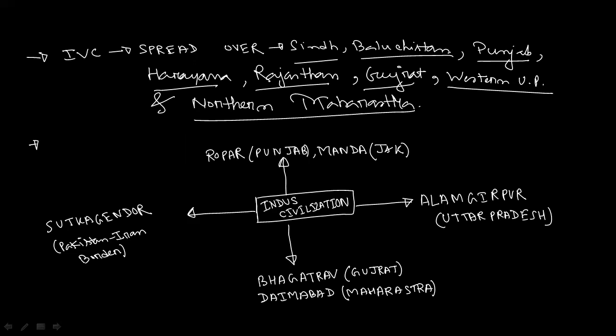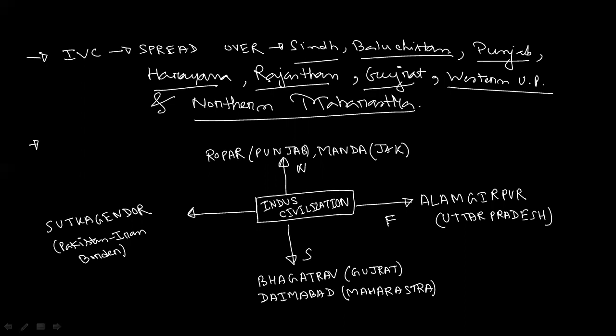Now, if we discuss the Indus civilization, the northernmost sites were Ropar, which is now in Punjab, and Monda, which is now in Jammu Kashmir. The southernmost sites were Bhagotraph, which is now in Gujarat, and Daimabad, which is now in Maharashtra.